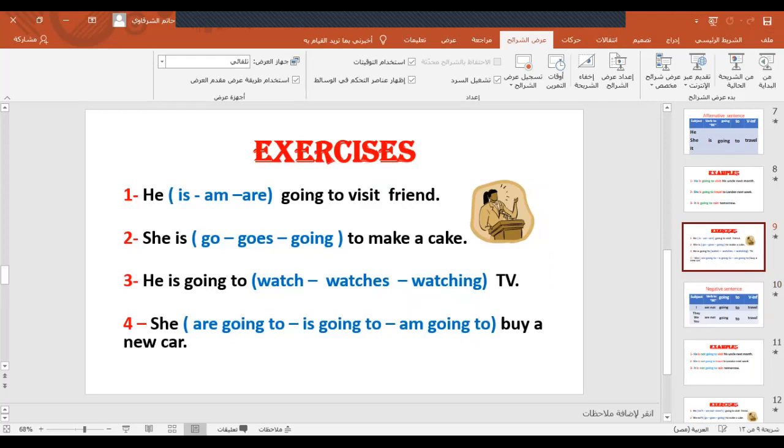Here we use going to. After going to, we use what? Excellent, verb in infinitive, visit. He is, am, or are? Here, after he, we choose verb to be is. The right answer will be is.